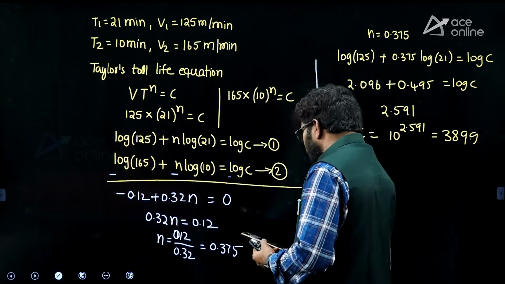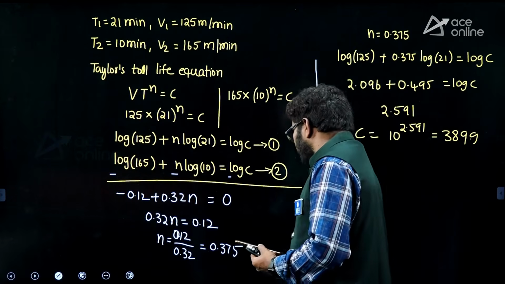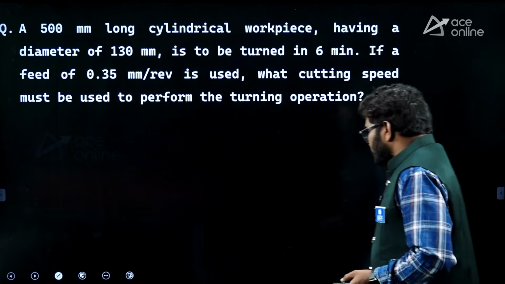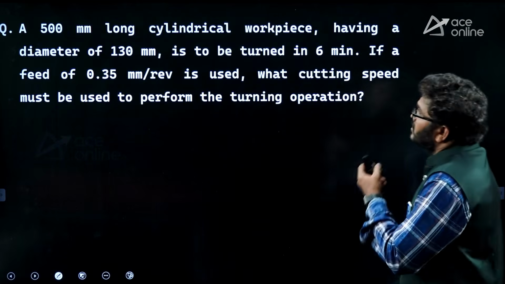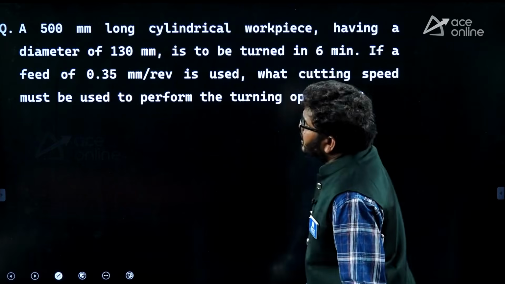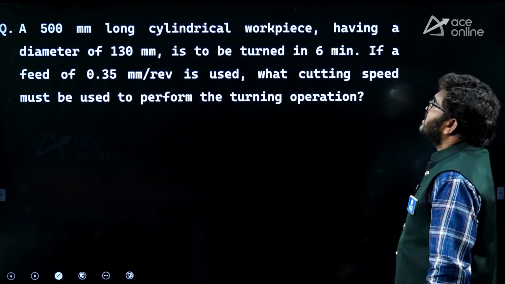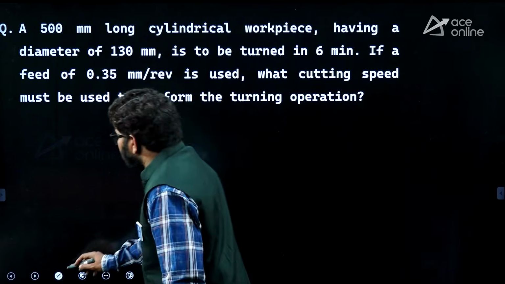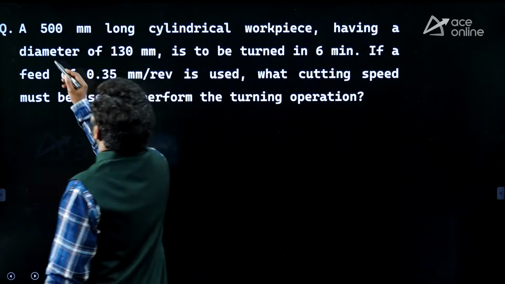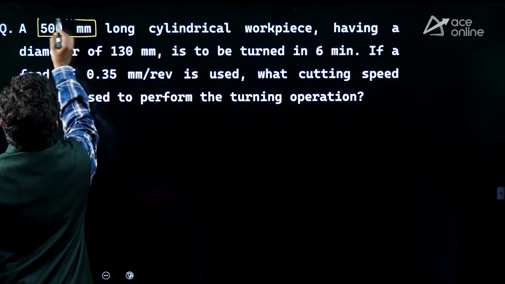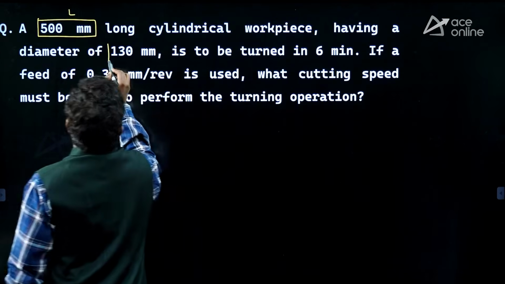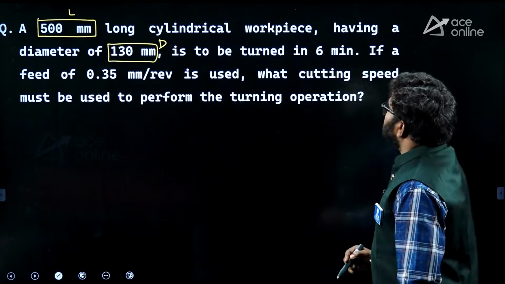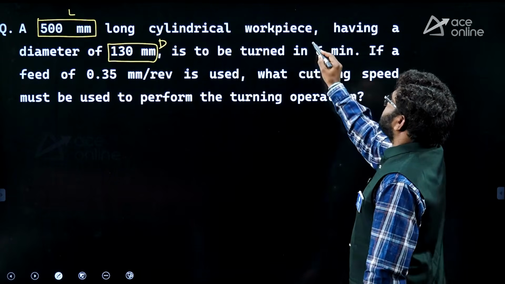I am going to discuss another one. Now, let us consider this one. A 500 mm long cylindrical workpiece having a diameter of 130 mm is to be turned in 6 minutes.